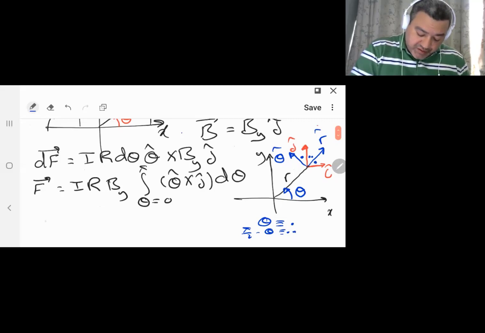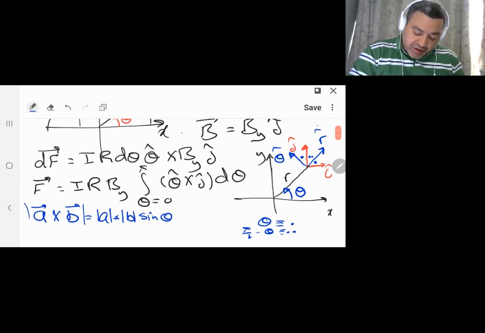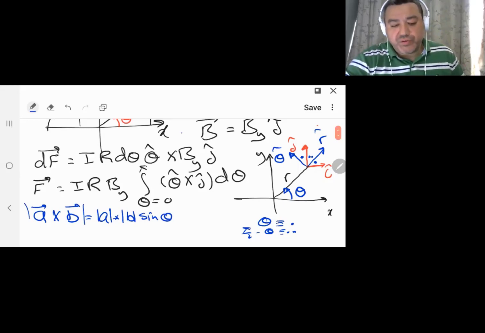Now remember, when we take the cross product between any vectors, A cross B is A magnitude times B magnitude times sine theta in between. The direction for A and B will also follow the cross product.